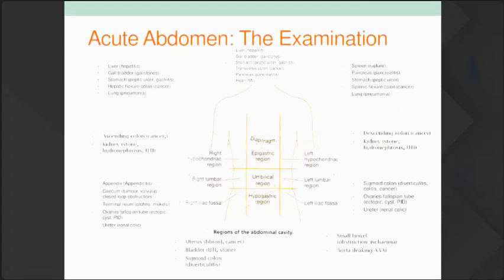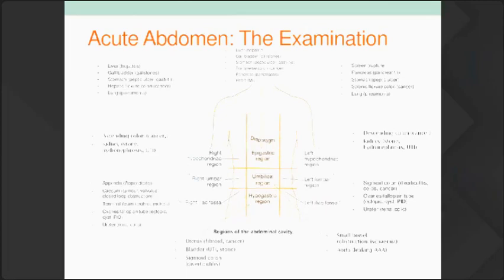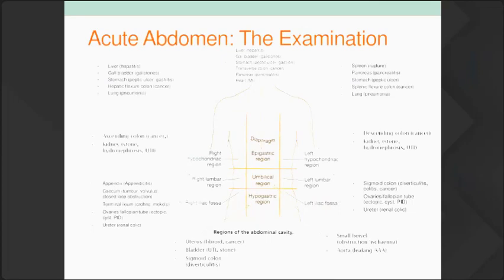It may be suprapubic or central abdomen, or in the epigastric area, or in the left or right side of the abdomen. So we take a quick, good history about the region, the site, onset, and aggravating or relieving factors. And then we make a differential diagnosis depending on the history and the location of the pain.